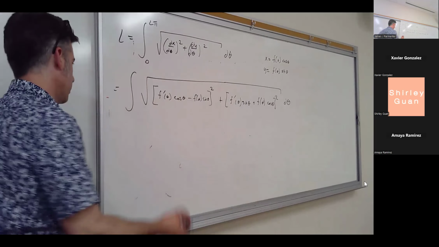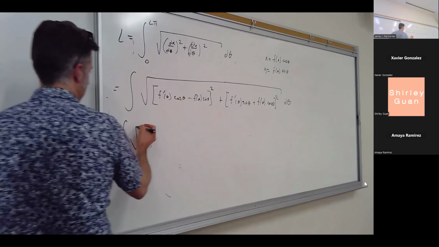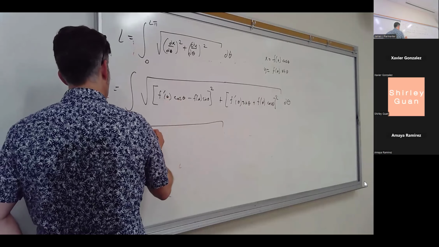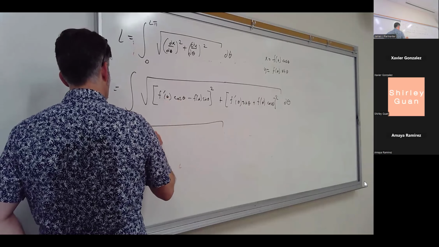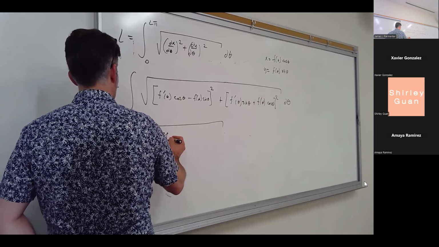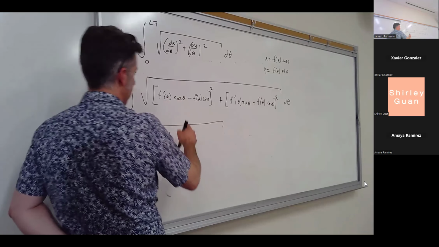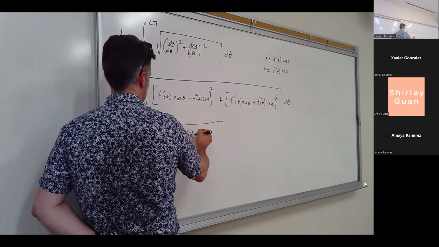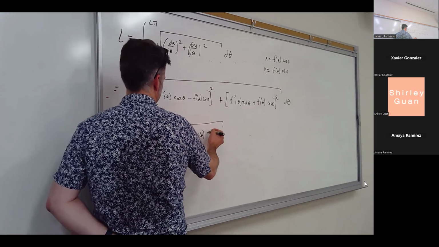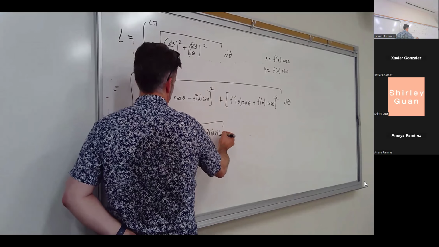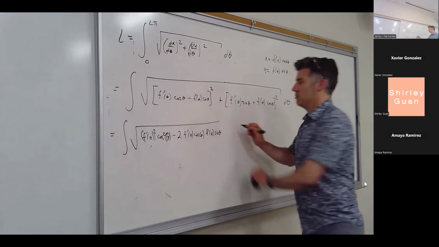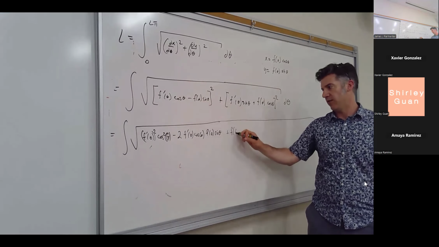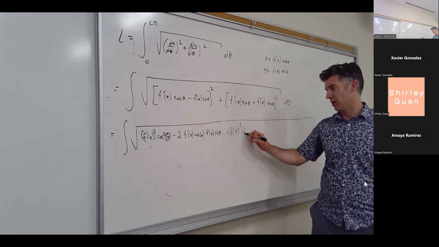All right, let's do the dirty work of multiplying these out. When you square this out, you're going to get f prime of theta squared times cosine squared theta. And then you're going to get a minus 2 f prime of theta cosine of theta f of theta sine of theta. Wow, that's gross. And then plus f of theta squared sine squared theta.